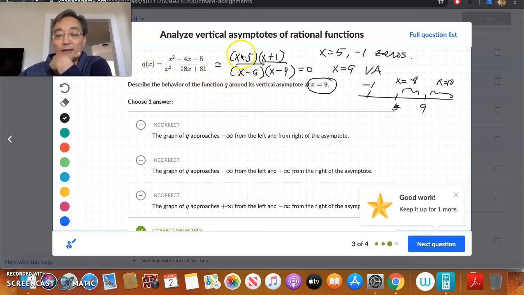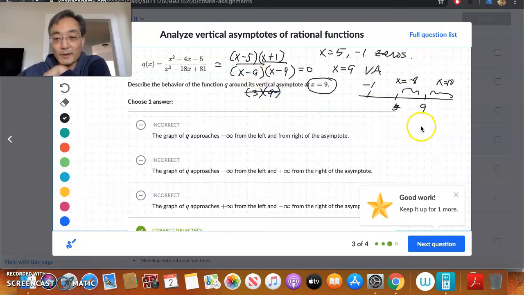So if we take 8 and plug it in, I'm not even going to calculate the answer. I'm just going to calculate whether it's positive or negative. So 8 minus 5, that's 3, right? 8 plus 1 is 9. 8 minus 9 is negative 1.